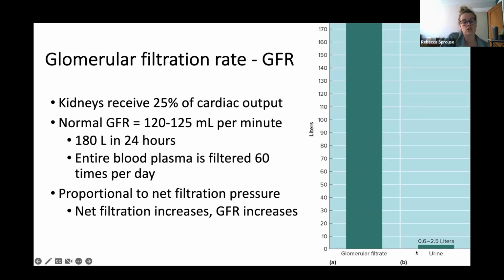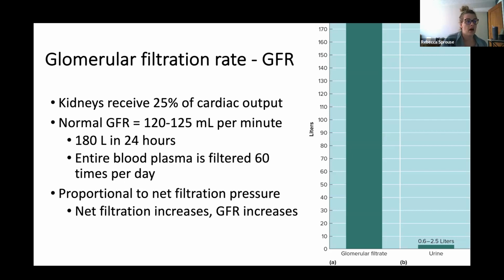And so we actually don't urinate a whole lot per day compared to how much our glomerulus actually filters per day. Remember that our kidneys receive about 25–30% of our cardiac output, so lots of blood entering this. Normal GFR, which is glomerular filtration rate, so that's how fast that filtration happens in the glomerulus, is about 120 to 125 milliliters per minute.